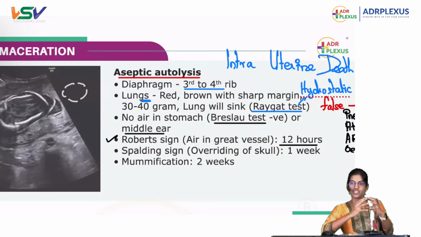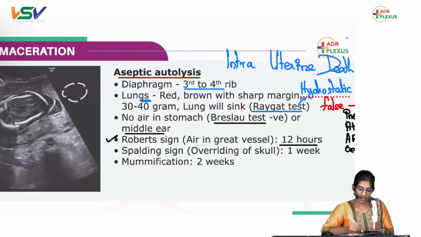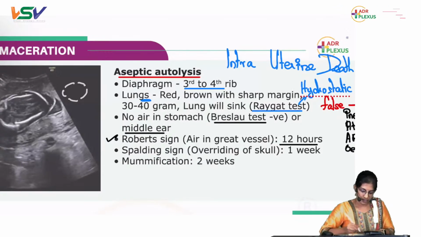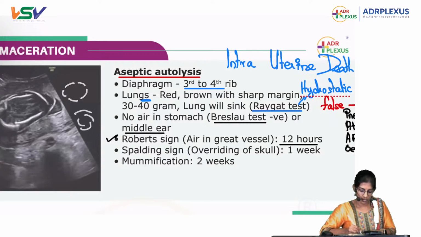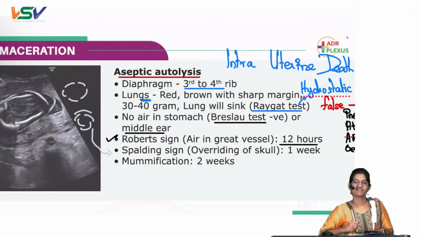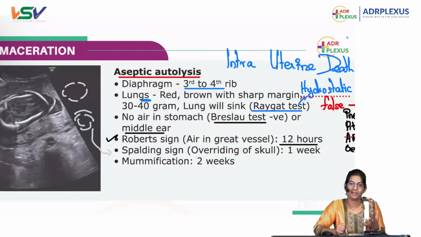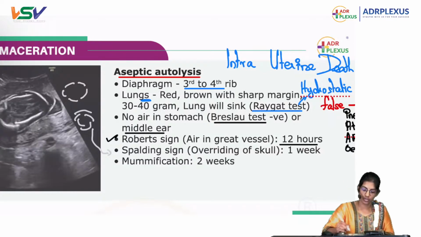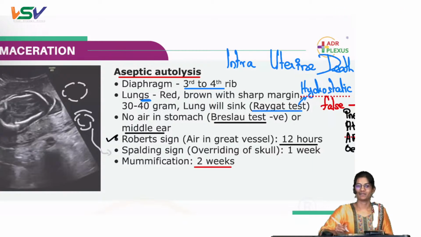Though they are not fused, they should give a structure. Now here you are able to see overriding. They are just in a random way like this. This is Spalding sign. Overriding of the skull bones. Mummified baby, if it is delivered, it's more than 2 weeks.